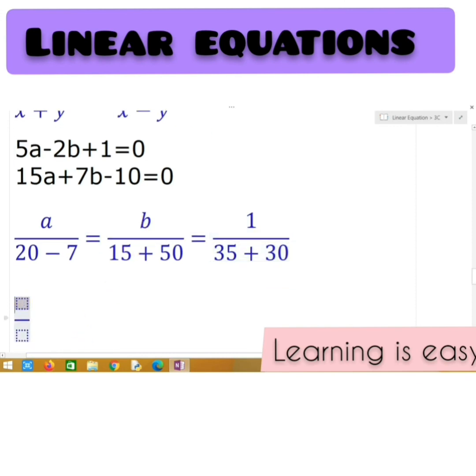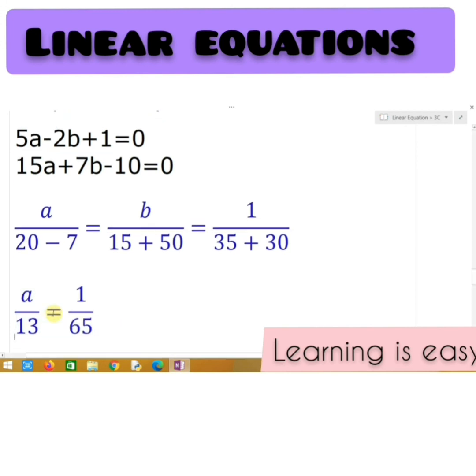So a by 20 minus 7, that's 13, equal to 1 by 65. So 13 by 65 becomes 1 by 5. So value of a is 1 by 5.